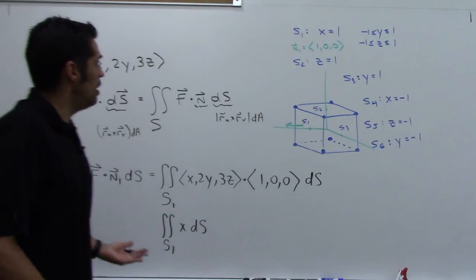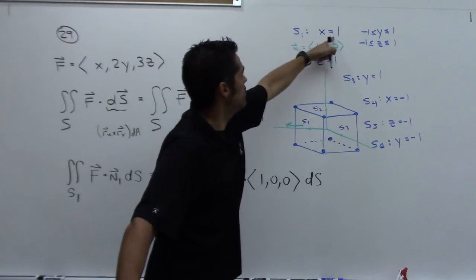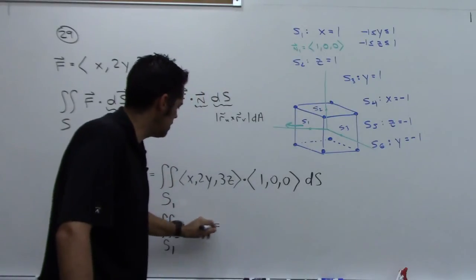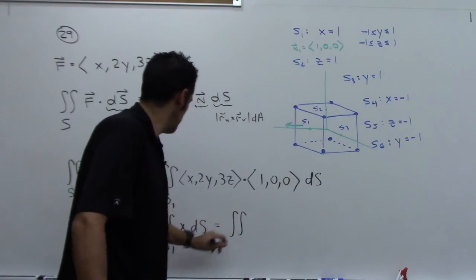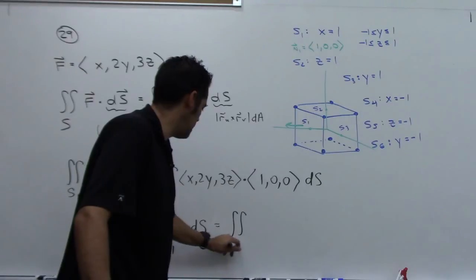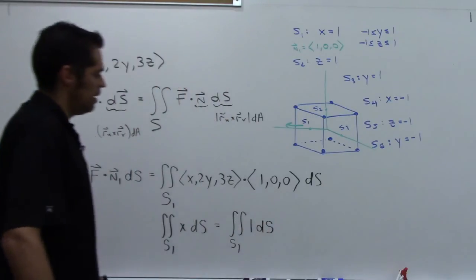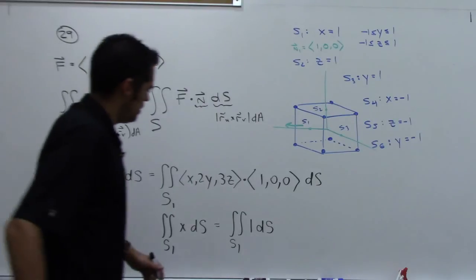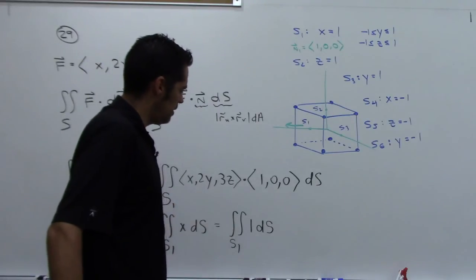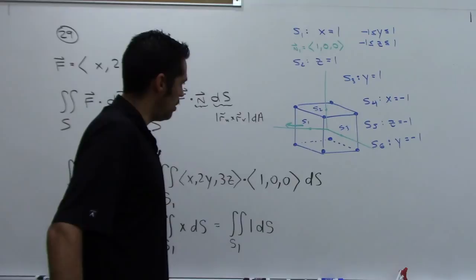But on S1, what is x? x is 1. So this is just the double integral over S1 of 1 dS. And that's just the surface area, right, of S1.